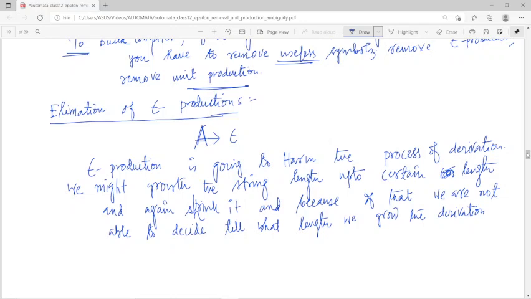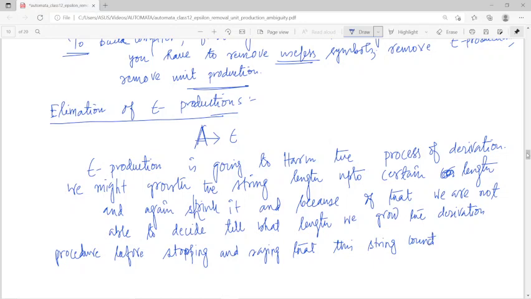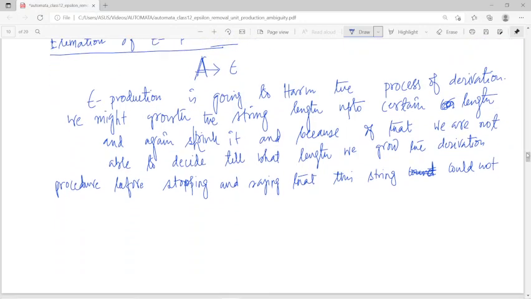So how long do we grow the derivation procedure before stopping and saying that this string could not be generated? That is the problem.